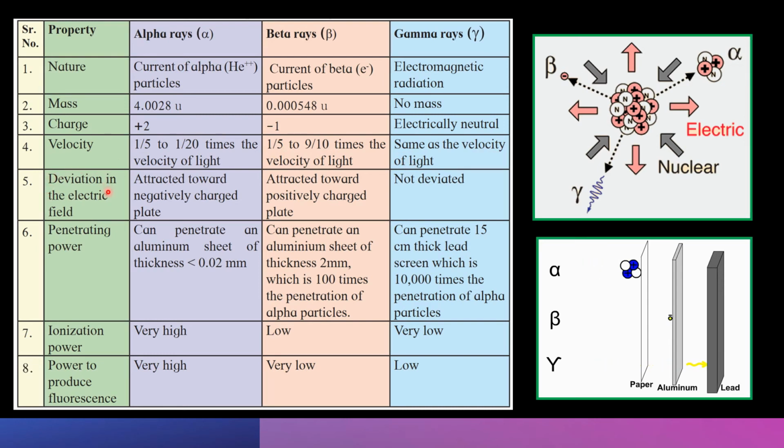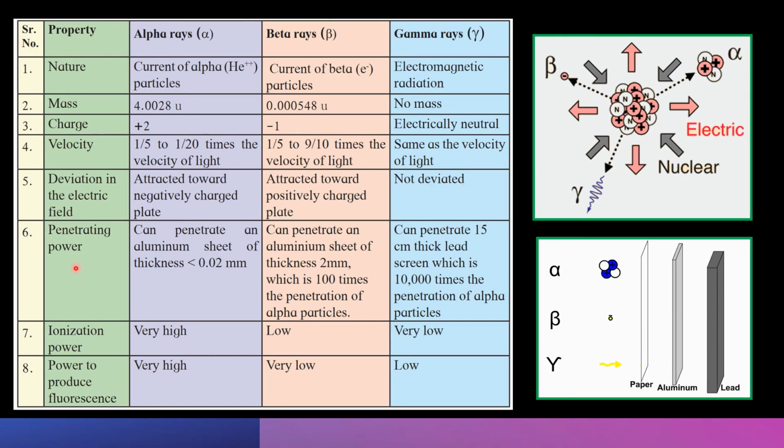When we look at the deviation in an electric field, since alpha rays are positively charged, they will be attracted towards the negatively charged plate. We know that opposite charges attract. Beta rays, being negative in nature, will be attracted towards the positively charged plate. Gamma rays do not have any charge at all, so they are not deviated and travel in a straight line.